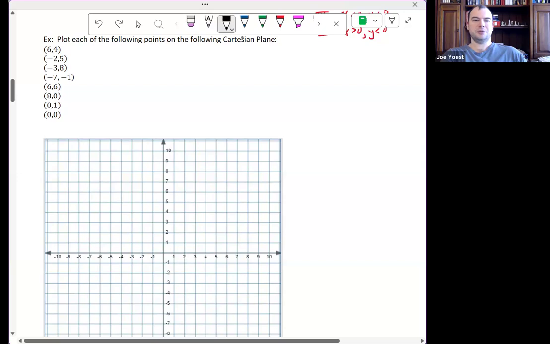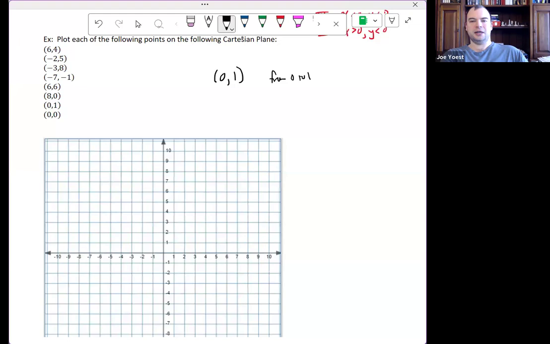Okay, so let's take a look at this. Let's plot each of the following points on the Cartesian plane. So here we have something that almost looks like an interval. It almost looks like I'm saying 0, comma 1, going from 0 to 1, not including either end.